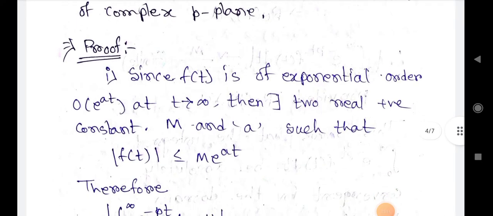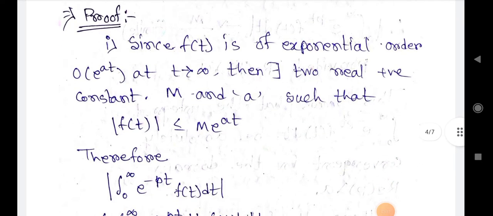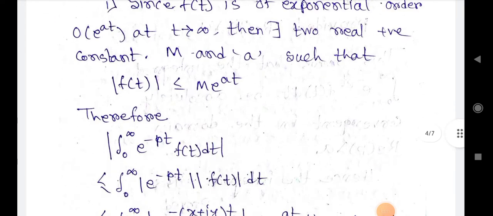Now start the proof. Number 1: since f(t) is of exponential order, that is order e to the power at as t tends to infinity, there exist two real positive constants M and a such that mod of f(t) is less than or equal to capital M e to the power at.